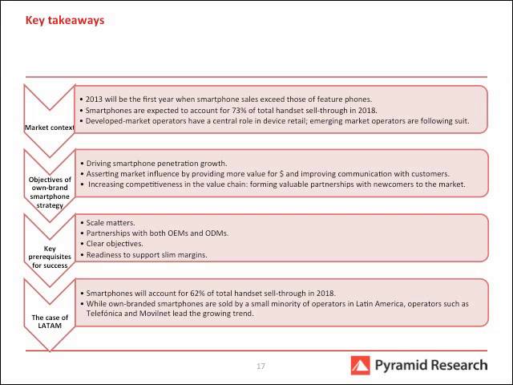In terms of some of the key prerequisites of the success of operator-owned brand smartphone strategies, one is related to scale, which matters a lot. We said that smaller operators could partially compensate for the lack of scale by partnering up.